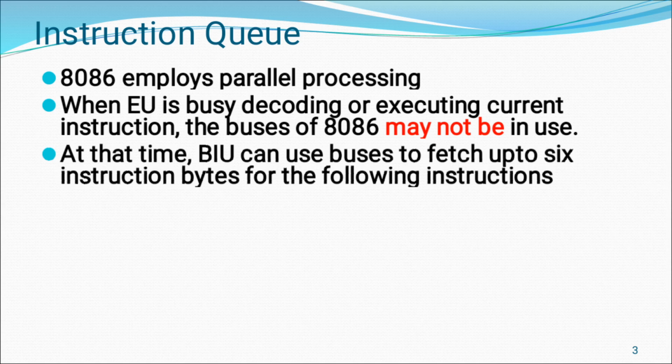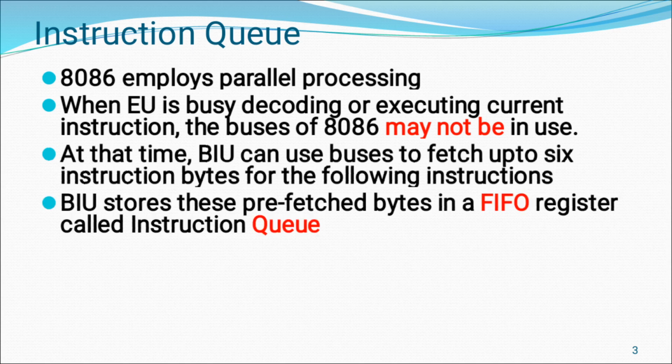At that time, the bus interfacing unit can use the buses to fetch up to 6 instruction bytes for the following instructions. The bus interfacing unit stores these pre-fetched bytes in a first-in first-out register called the instruction queue.